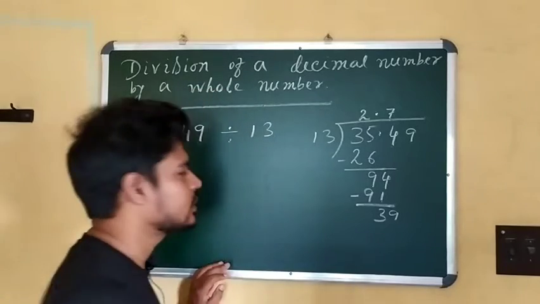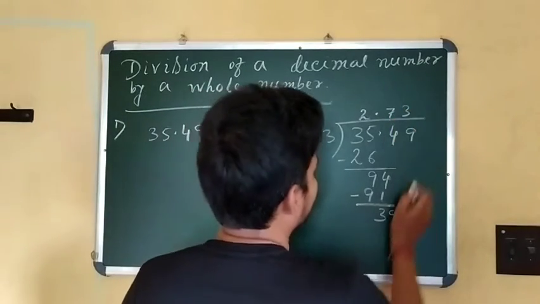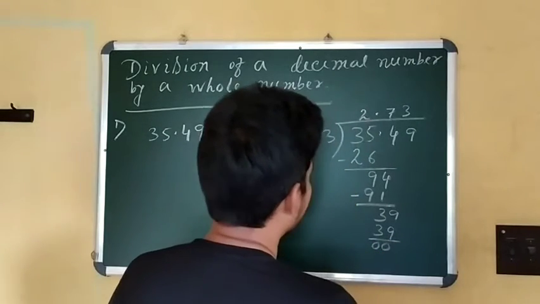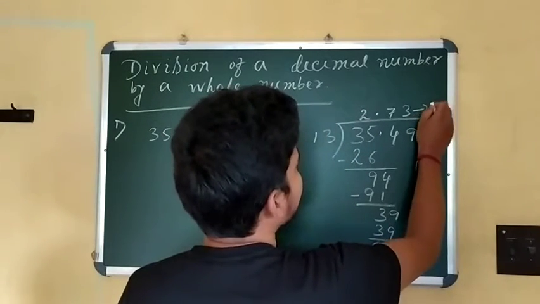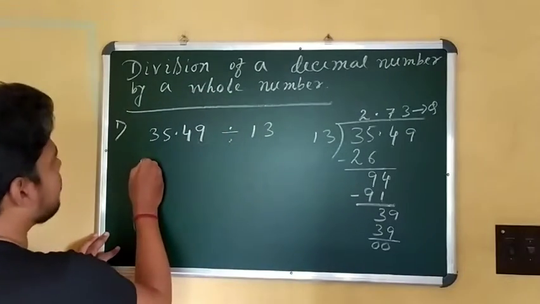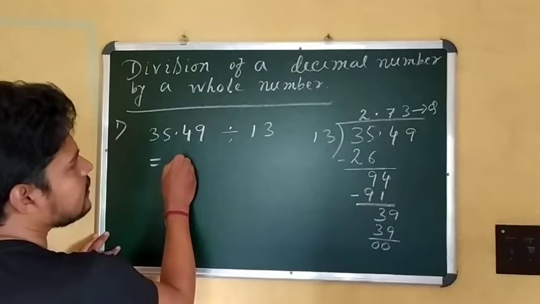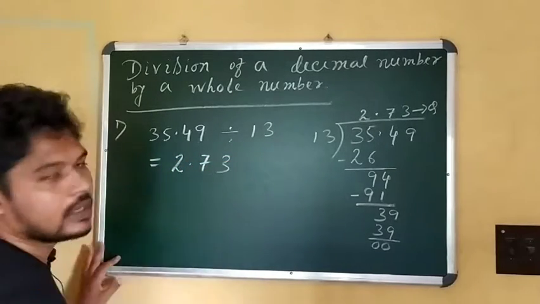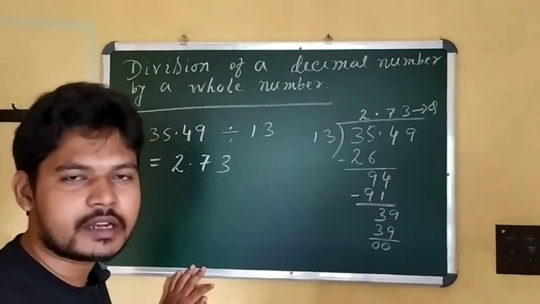Now 13 into 3, that is 39. So the remainder is 0 and 2.73 is the quotient. So when we divide this, then we get the answer 2.73. I hope all of you understood this clearly.